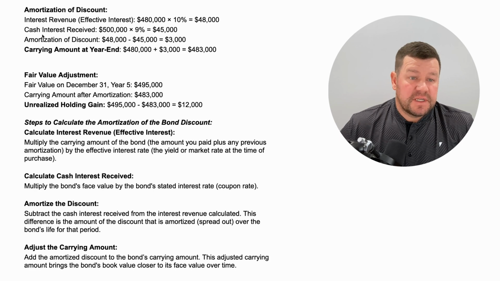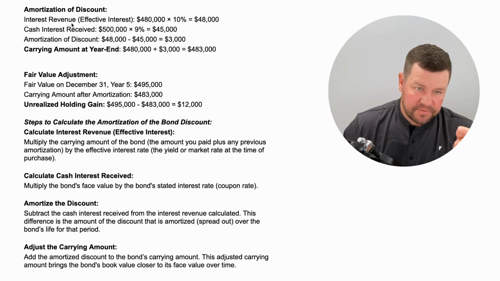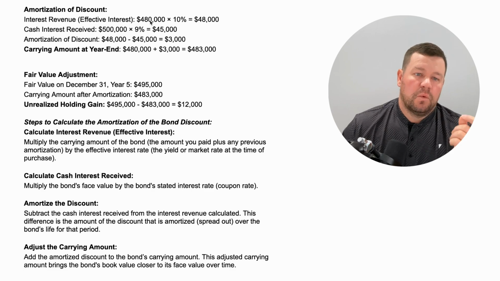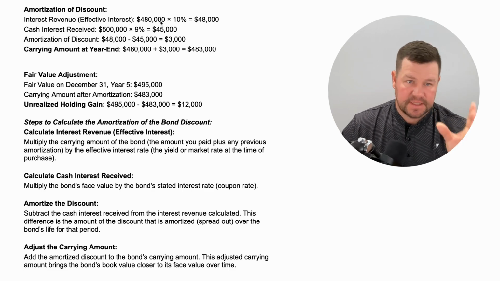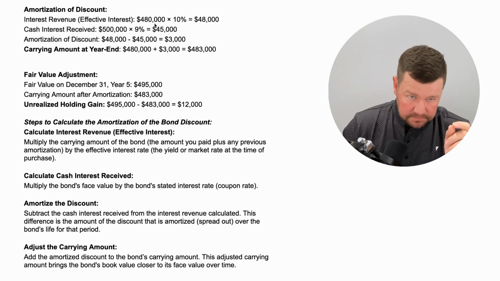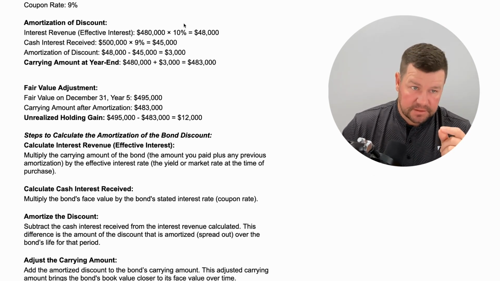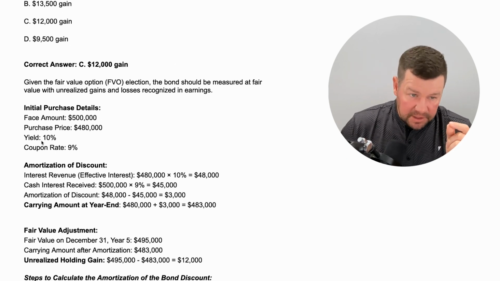For the amortization of the discount, you take the interest revenue, or the effective interest, which is $480,000, what they actually paid for the bond, times the 10% yield rate. The coupon rate was 9%.